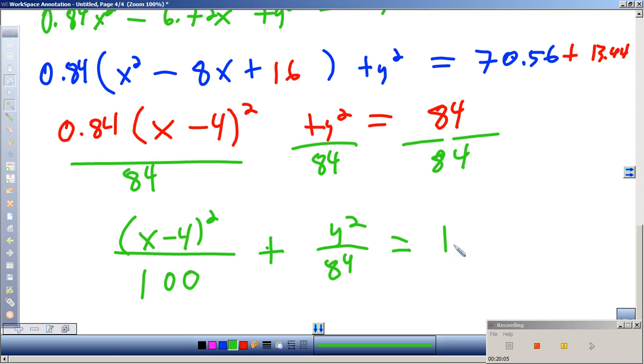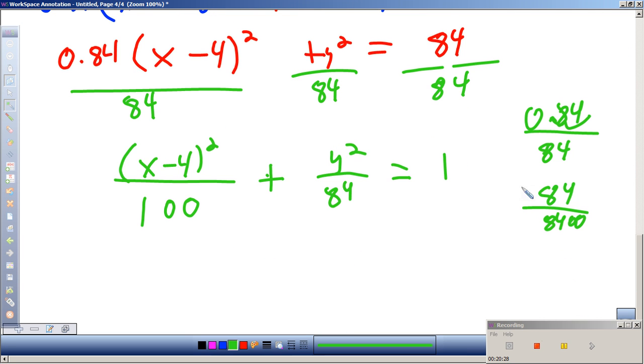How is it 100? 0.84 over 84, so let's move the decimal over 1, 2, so 84 over 8400. It's 1 over 100, so 100 on the bottom. You follow it now? So there's our equation.